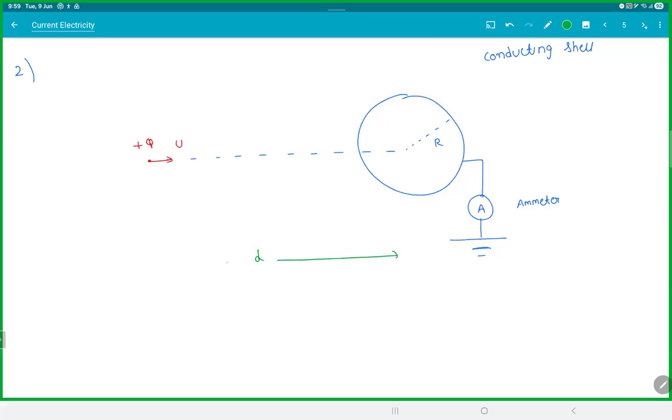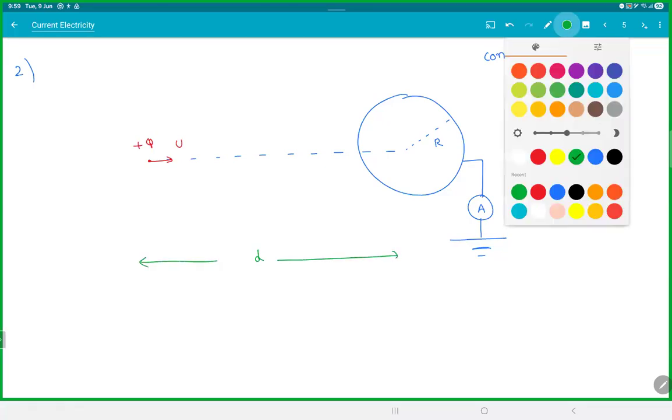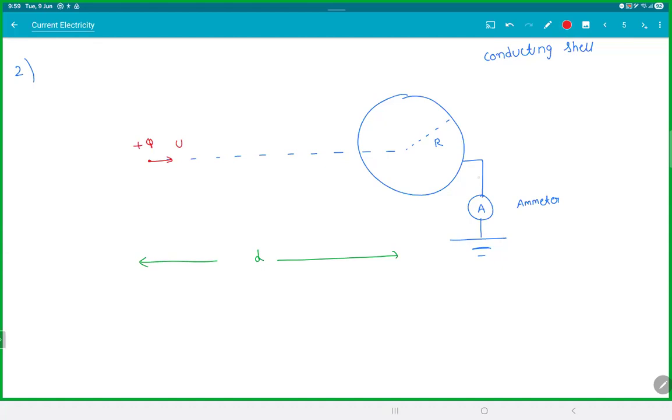When the distance is d between the center and the charge, we observe there is some current in the ammeter. Find the current when plus q charge is at distance d from the center and moving towards it with speed u.